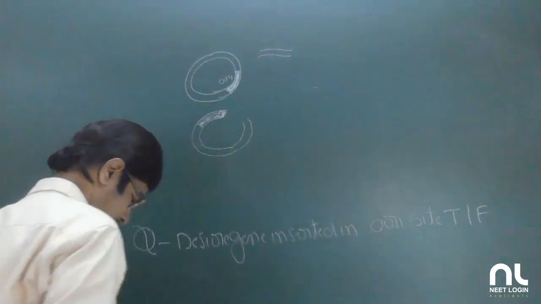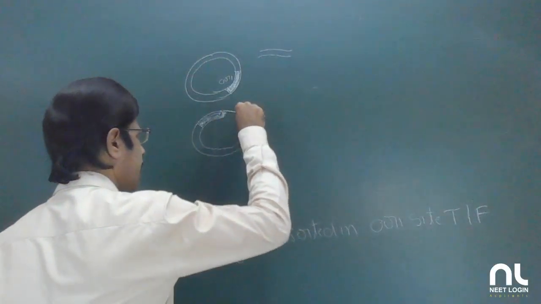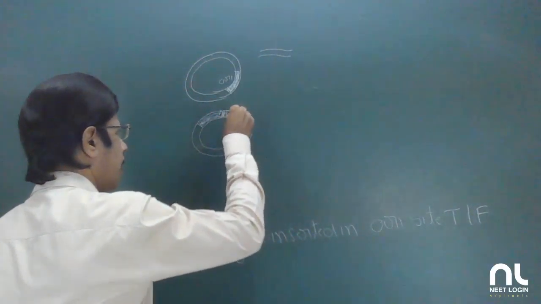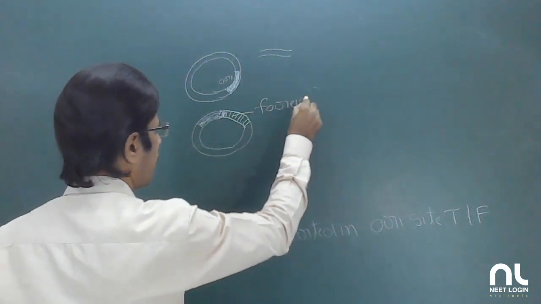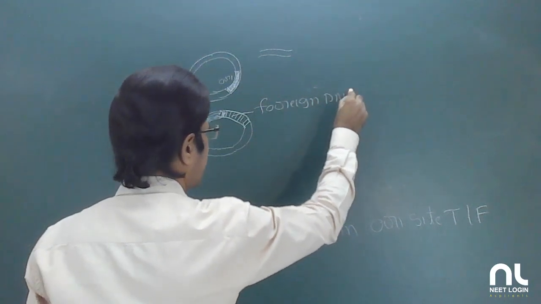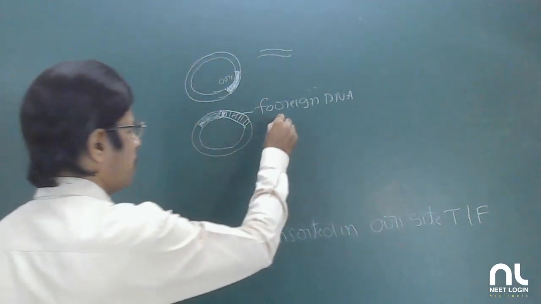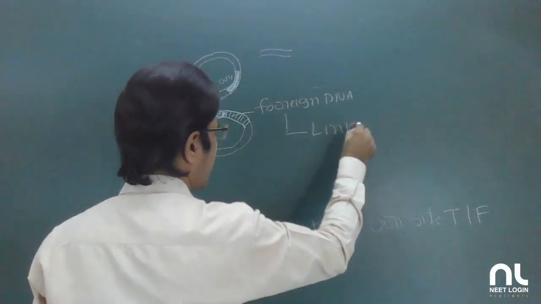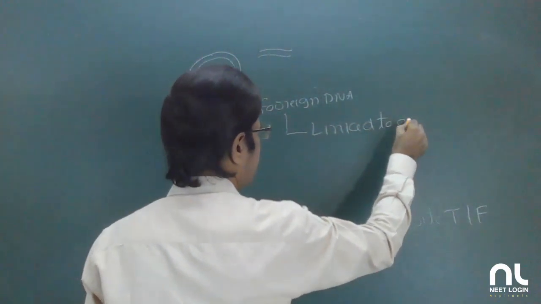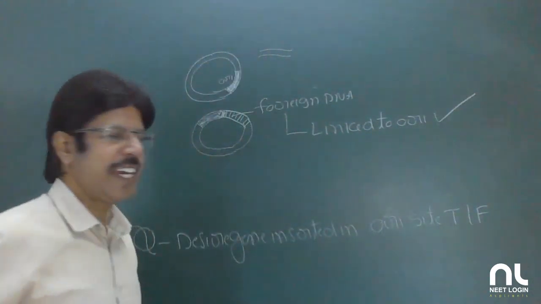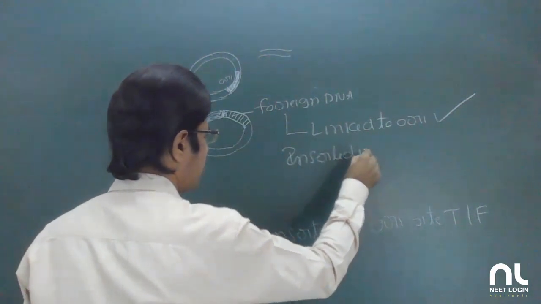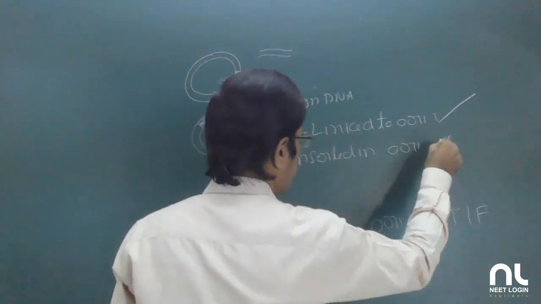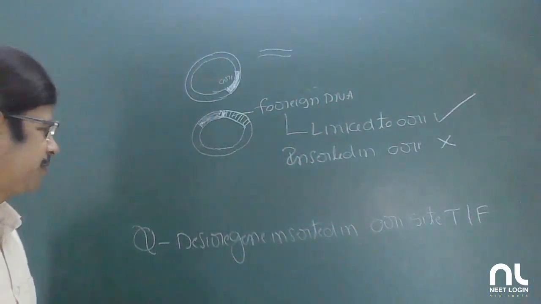So this foreign DNA is linked to ori, or is it inserted in ori? Inserted in is going to be wrong.